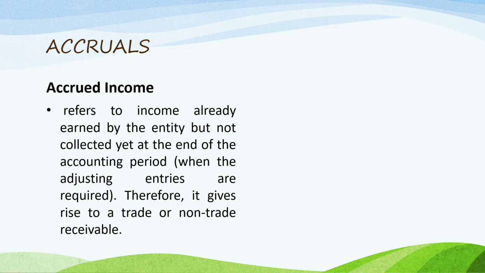The adjusting entry for this is debit accrued income, credit income. For example, debit accrued rent income, credit rent income. Or the other way to say accrued rent income is rent receivable.